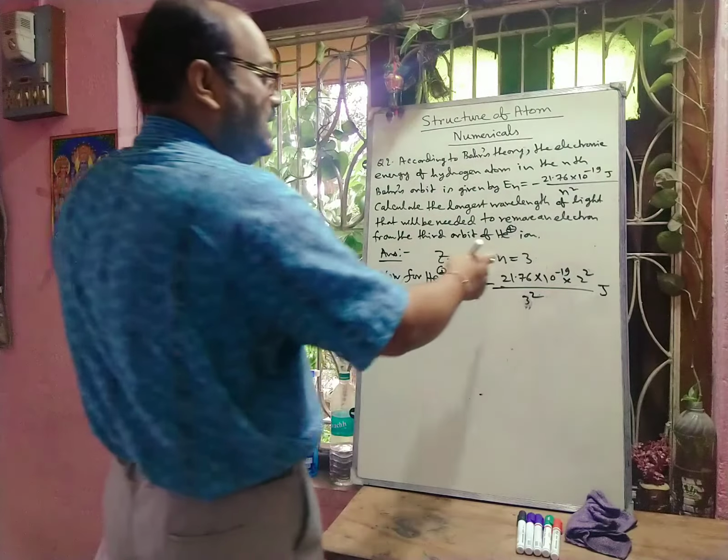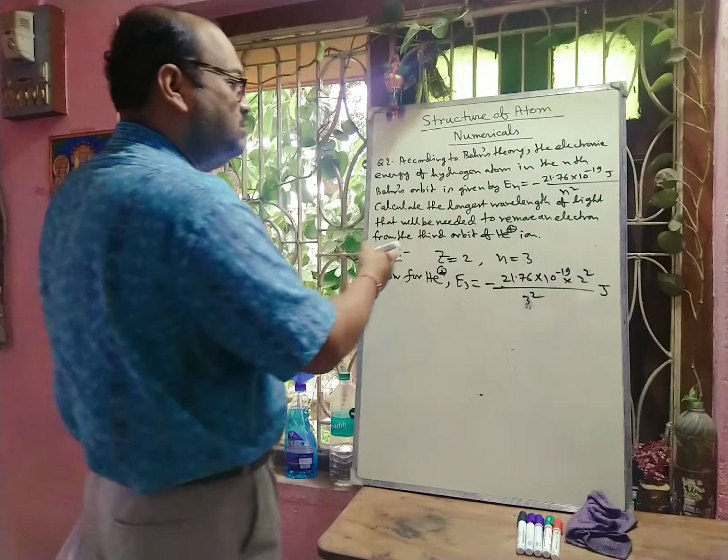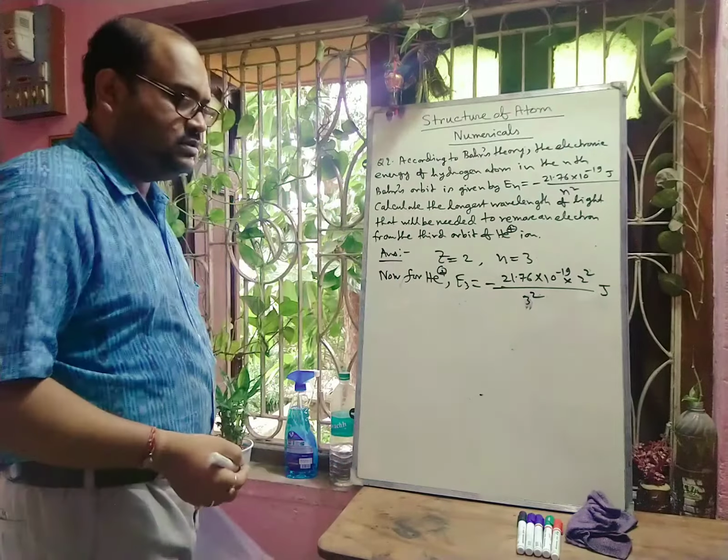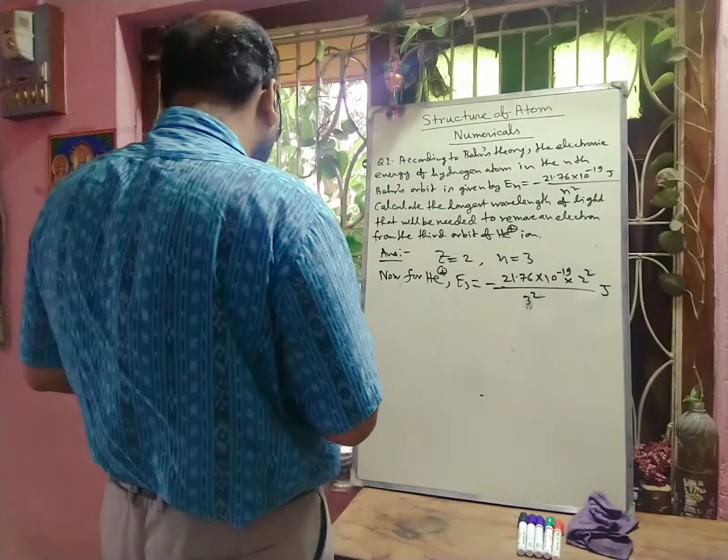Now why are we taking n is equal to 3? Because it is written that we have to remove an electron from the third orbit. That is why n is equal to 3.